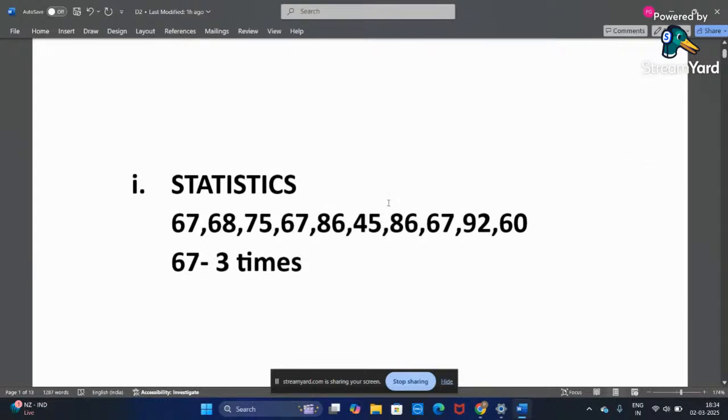Is any other number repeated? 86 has repeated two times, right? This repetition, we call it frequency. How many times the data occurs is called a frequency.